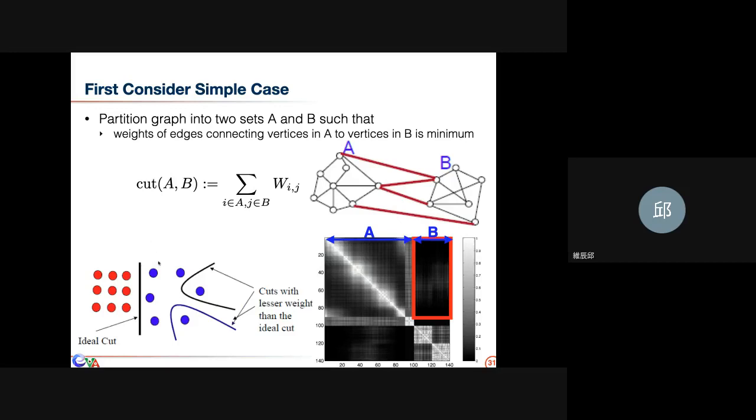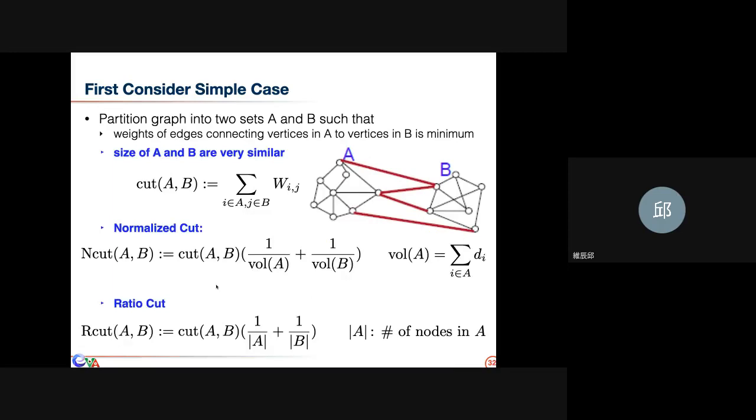If you try to find a partition by only minimizing the cut cost, you might have such degenerate cases. So in order to avoid such degenerate solutions, people would try to have some constraints in addition to the cut cost.